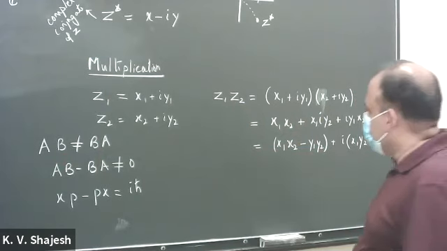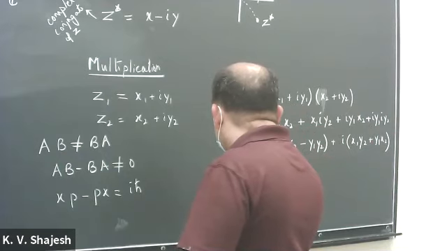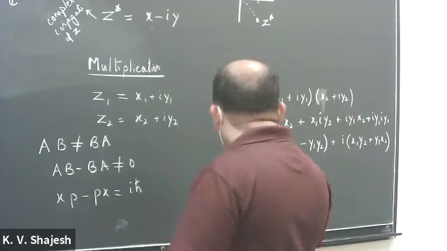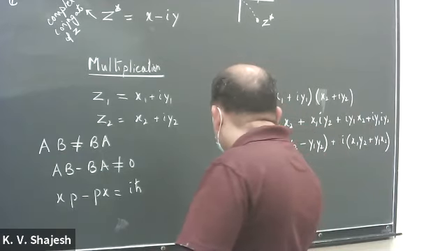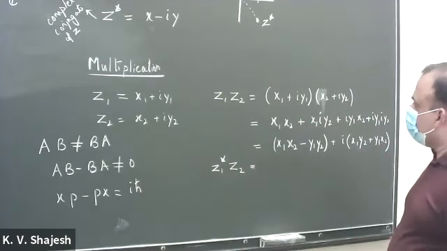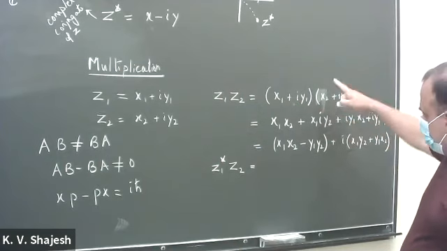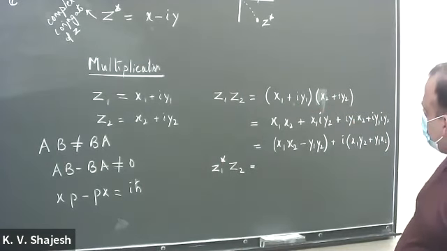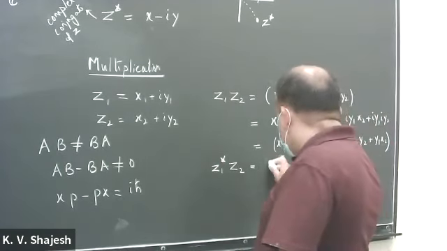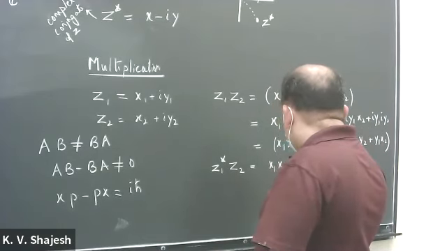To see that connection, let's do Z1 star multiplied with Z2. Z1 star means complex conjugate, so there's a minus sign I've introduced. If I follow that step, this becomes x1 x2 plus y1 y2.